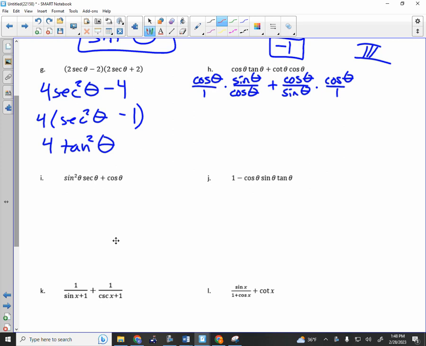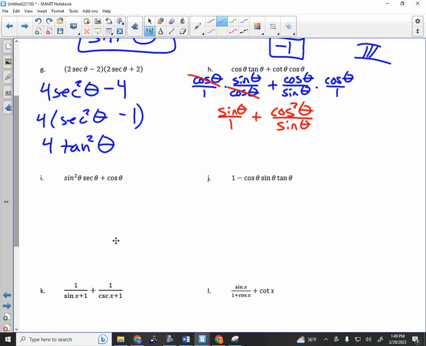What happens on the left side? Cosines cancel, which is very nice. So I get sine of theta over 1 plus, and then notice here, this is where I come up with that cosine squared. We like getting cosine squareds or sine squareds or anything like that, because when we get squared, you can always substitute something in.